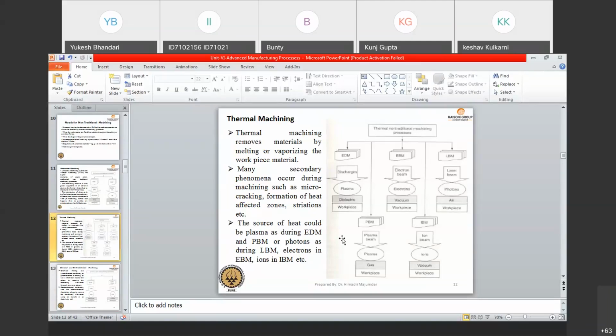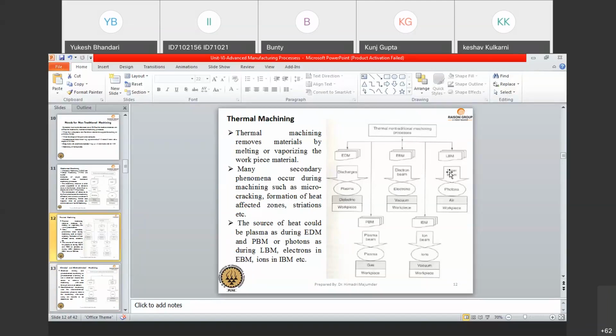Here also, thermal machining processes are categorized very nicely. In EDM, material is removed by discharge of plasma, and the workpiece should be in a dielectric medium. Then in the EBM process we must use an electron beam, which means electrons, and the workpiece should be in vacuum condition.